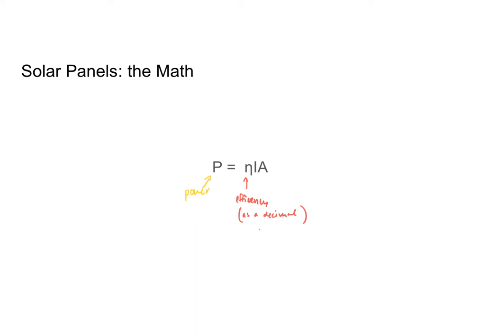So, 45%. So instead of being 45%, we're going to multiply by 0.45. So anyway, we have our power output is going to be our efficiency times the intensity of sunlight times the area of the solar panels.